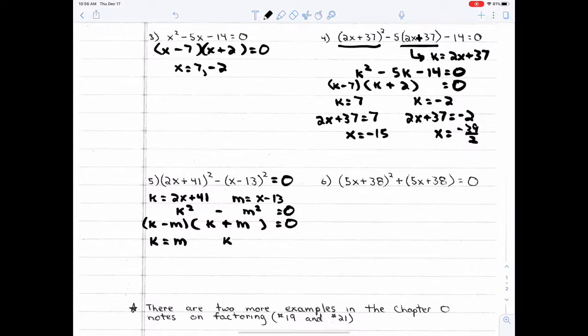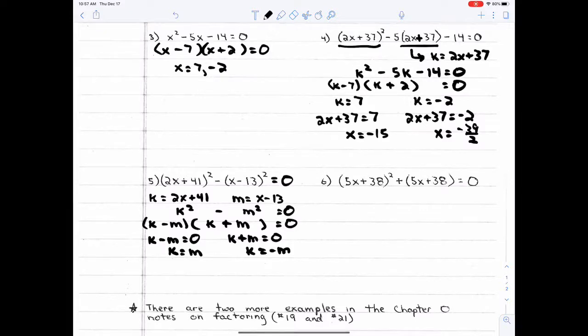Let me add one more step in there. So we have k minus m equals 0, and therefore k equals m, and k plus m equals 0, therefore k equals negative m.